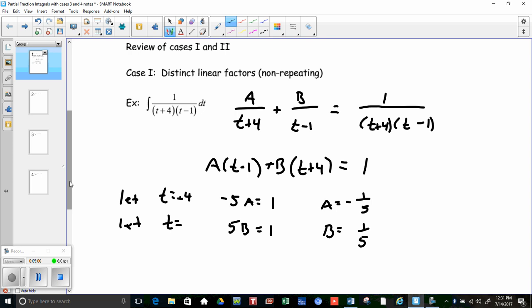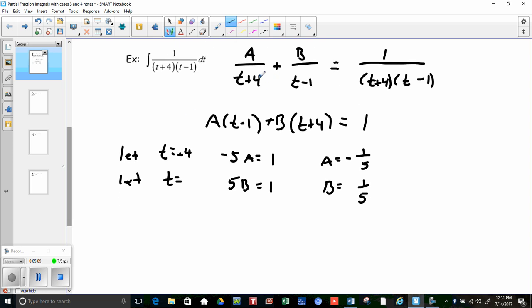So now what I've done is I've figured out a way to break up this rational function into both of these, with negative 1/5 as A and 1/5 as B. This is going to make taking the antiderivative of these two pieces much easier, because as it is right here, it's not very simple to do unless we break it up. So I can now go ahead and rewrite my integral as negative 1/5 over t plus 4 plus 1/5 over t minus 1 dt.